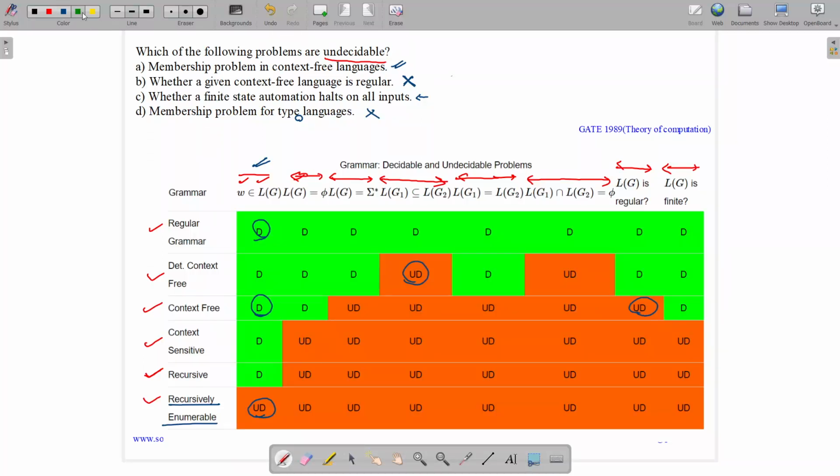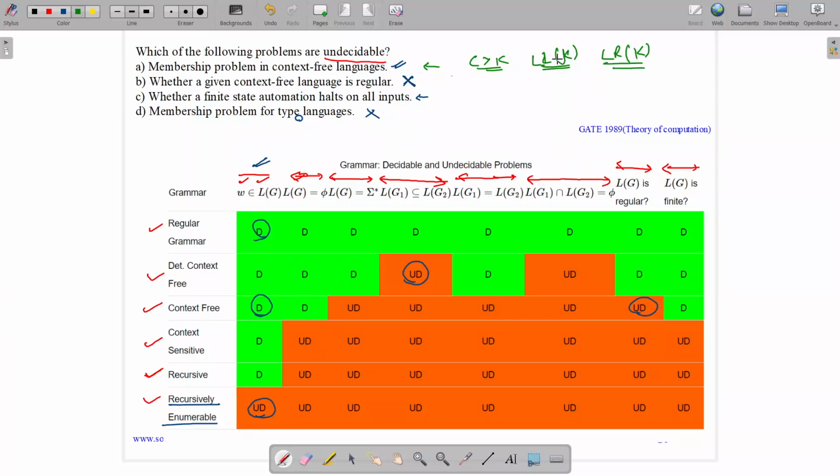Option A stated the membership problem in context-free language. It is decidable as we can have various membership algorithms for the CFL class of languages, like the CYK algorithm, the LL(k) algorithm, which you have read in the compiler design subject, and LR(k) parsing algorithms, which we have also read in compiler design.